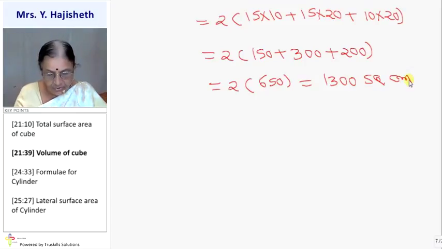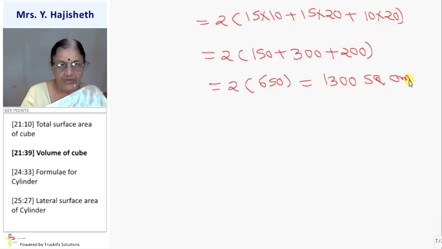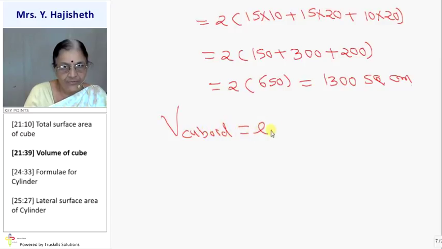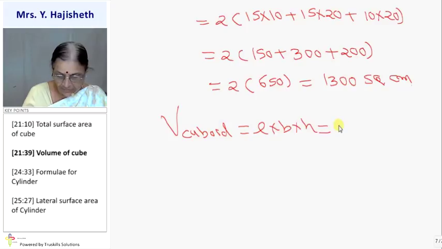So if you have to make this cuboid, how much metal sheet is needed? 1300 centimeter square. Now suppose you are asked to find out volume of this cuboid. Volume is L into B into H, so it is 15 into 10 into 20.